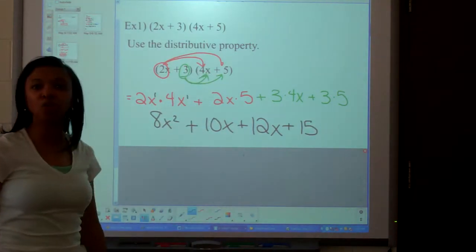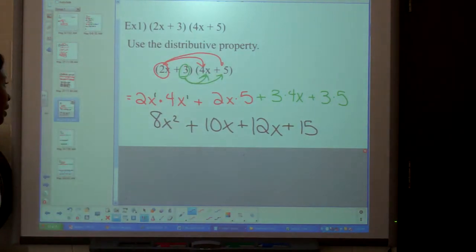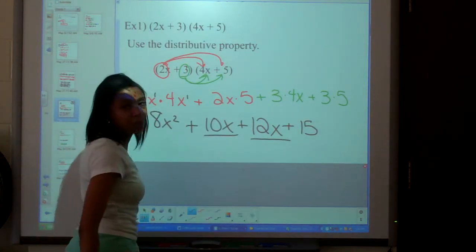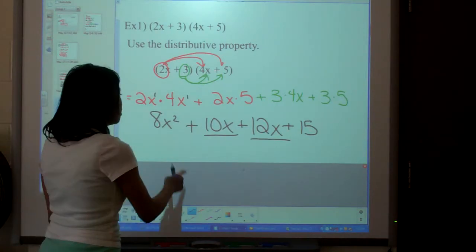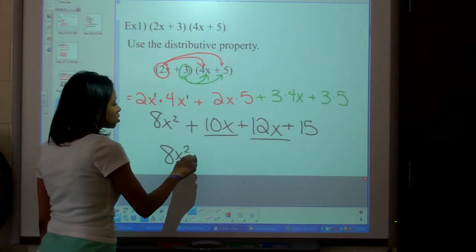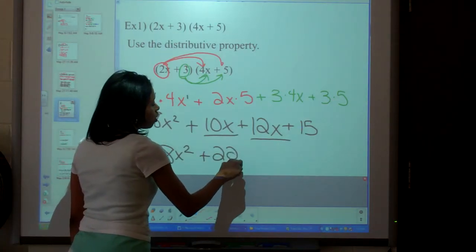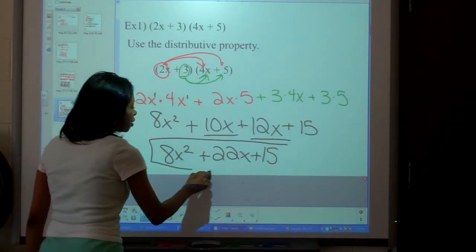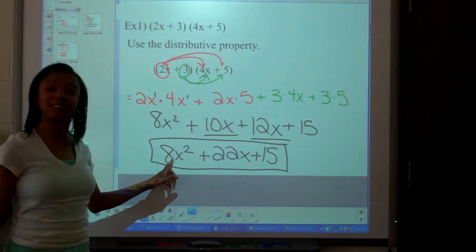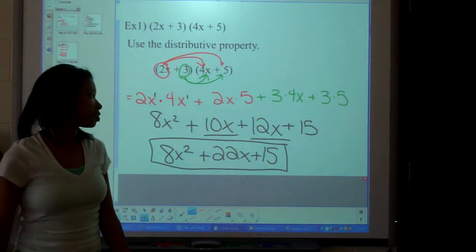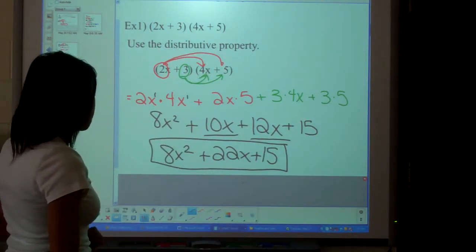Now we check to make sure we have all the like terms combined, and it appears that I don't. 10x and 12x should be combined. 8x squared doesn't have a like term, so it remains 8x squared plus 22x plus 15. This is our final answer. It's in descending order, from the highest exponent of x to the lowest. So that will be example number 1.